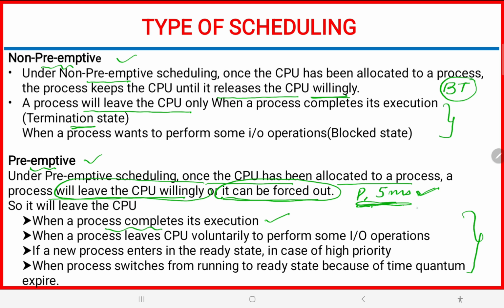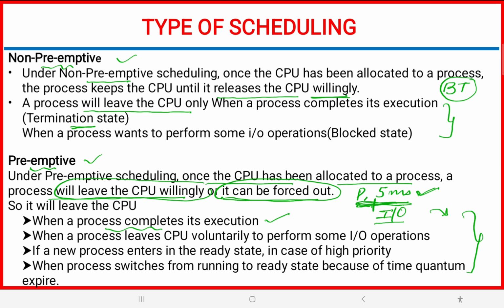The second thing is that the process was executing, but in between, during its execution with CPU, it needed some IO related activity to perform. So for that, it switches from running state onto the waiting state of IO devices. That is, it itself, because of some activity in between, is leaving the control of the CPU.